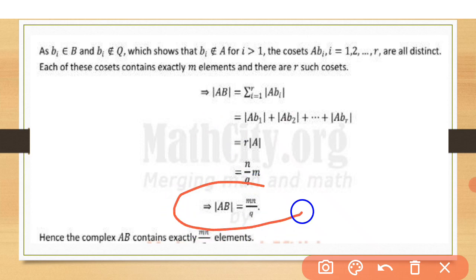Hence proved that the order of AB is equal to mn divided by q.